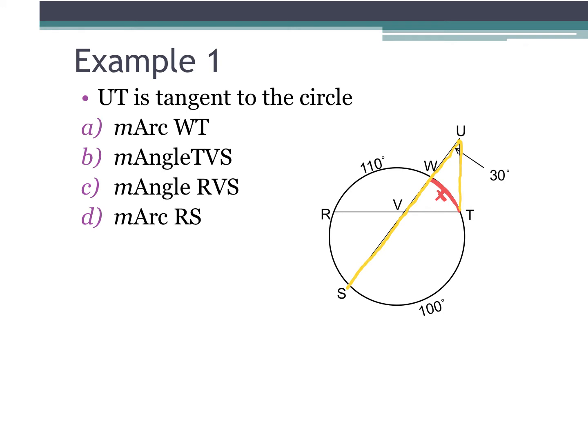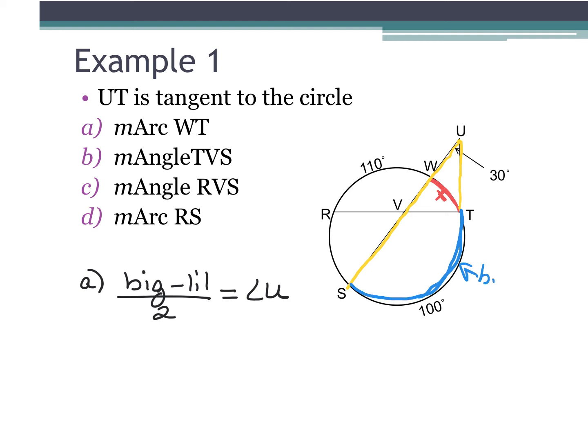So the formula I'm going to use to answer part A is big arc minus little arc divided by 2 equals the outside angle, which is angle U. So my big arc is going to be the blue, and that's the 100.